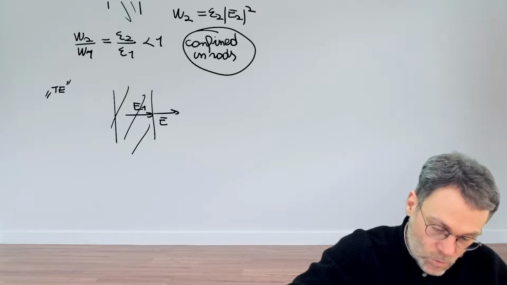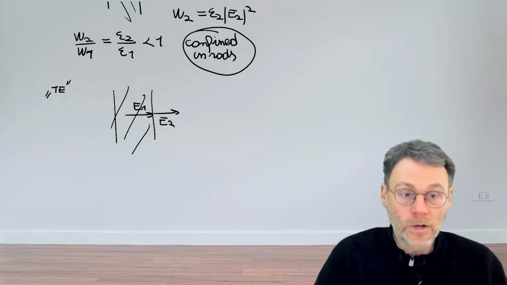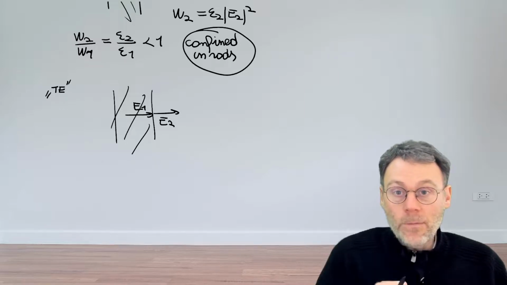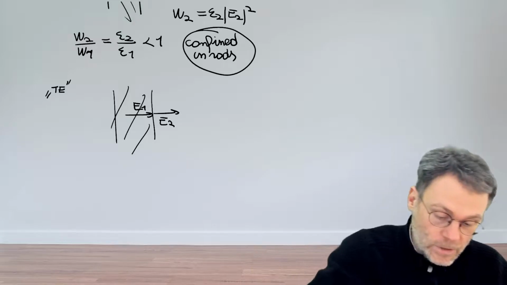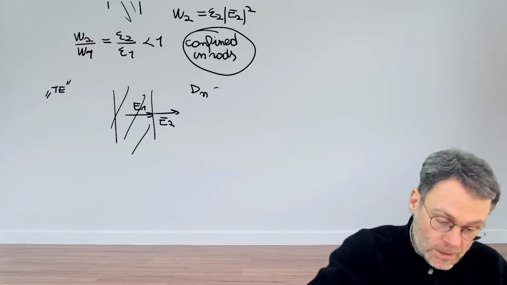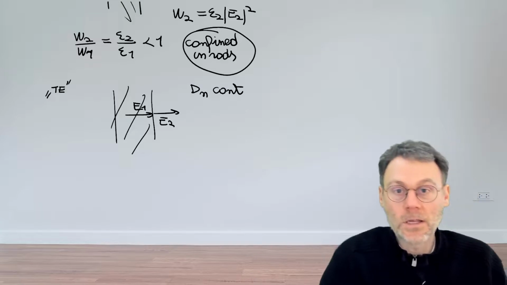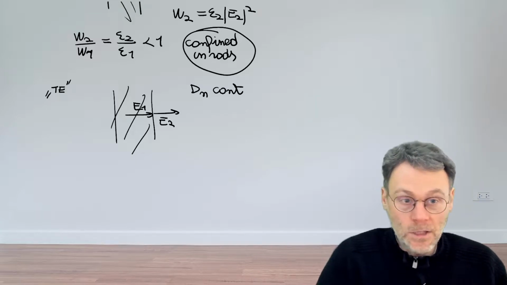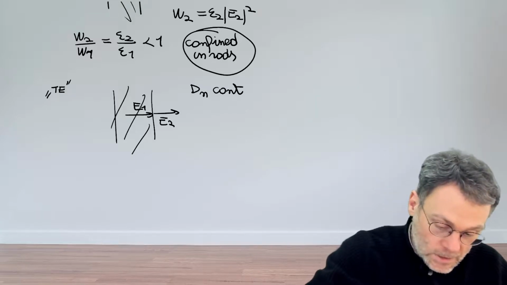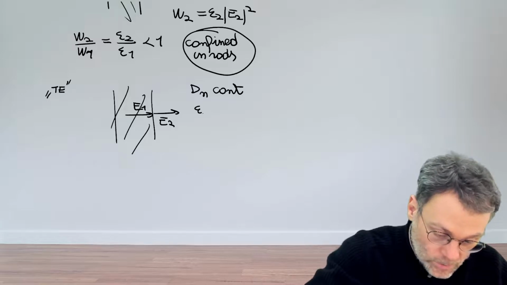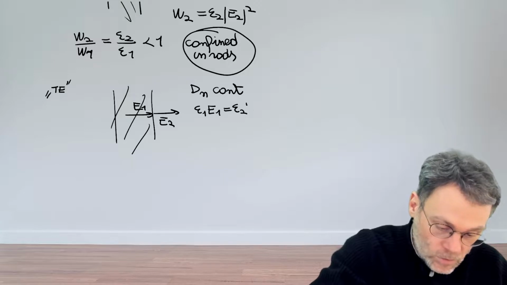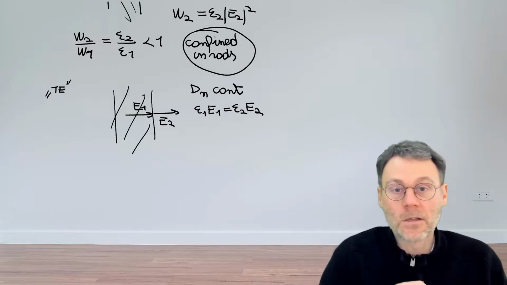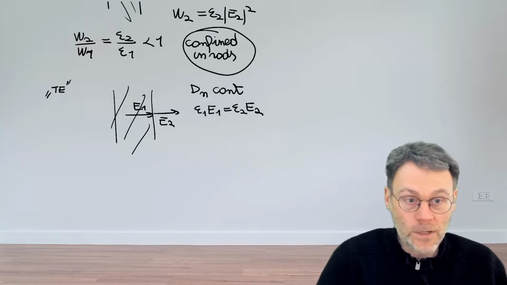So we have E1 over there and E2 over here. Basic Maxwell theory tells us now that the normal component of the dielectric displacement, so Dn, is the conserved quantity. So if Dn is continuous, this means that D1, which is epsilon 1 E1, is going to be equal to epsilon 2 E2, because that's the definition of the displacement, right?